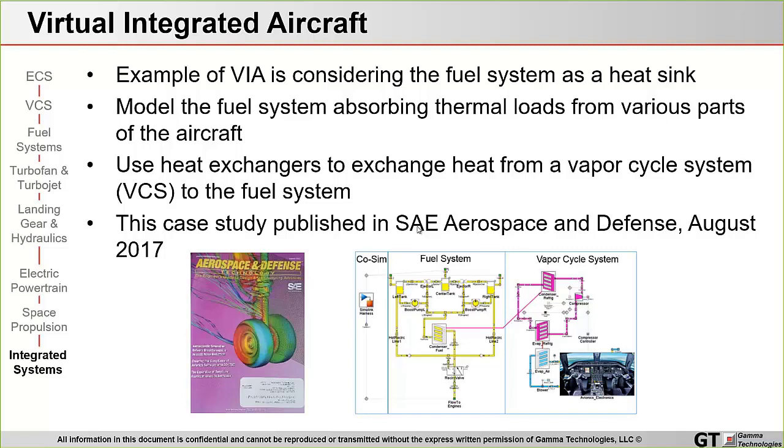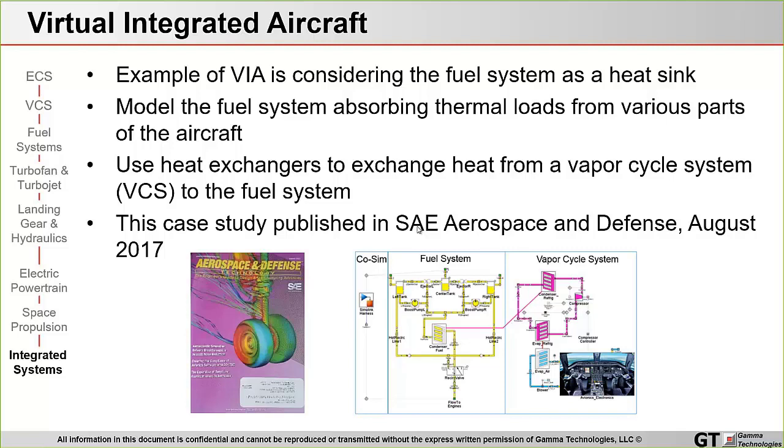One such example here is looking at just 2 or 3 subsystems of an aircraft, where today's modern aircraft require more cooling of electronics and so forth. Electrical loads are getting only higher as more aircraft are being produced. And so you need to cool those electric loads.